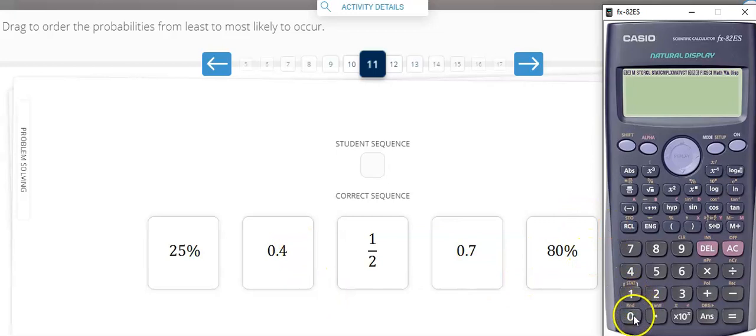However, the 0.4, if we just times this by 100, that will give us the relative percentage. So 0.4 is the same as 40%. I'm hoping by now that half, you should know, is 50%. And 0.7 is 70%. When you have these all in a consistent format of percentages, you can go ahead and rank them from least to most likely to occur.